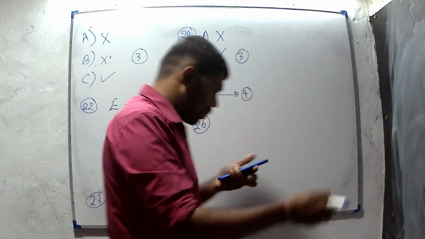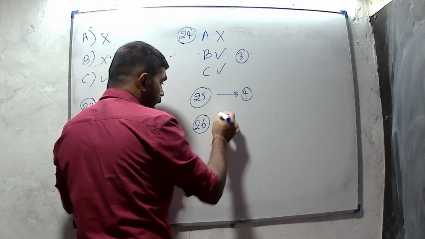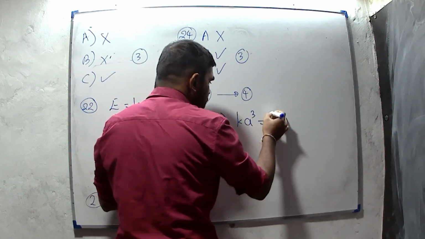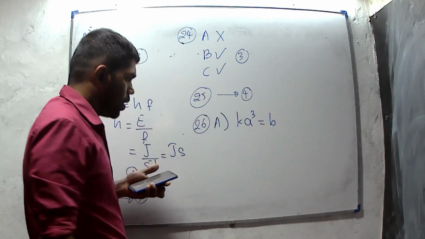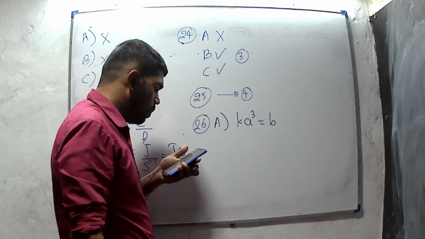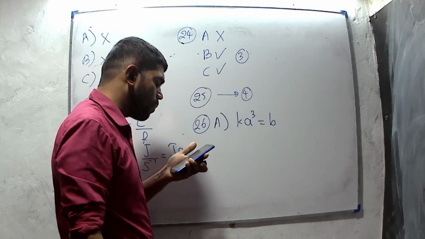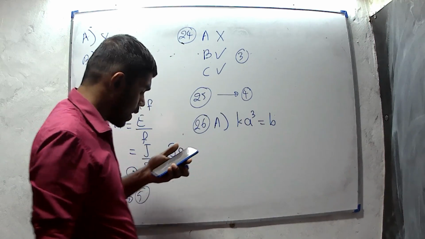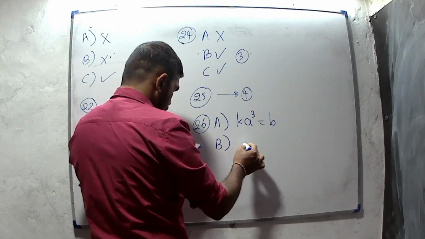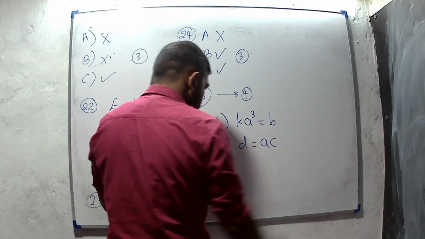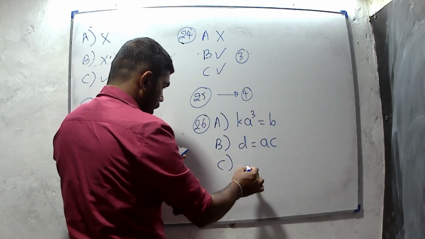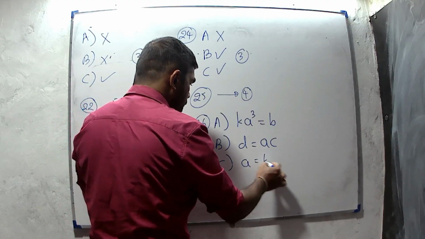Then we can consider A. In part A, K A to the power 3 equals B. Then dimensions of A cubed should be equal to dimensions of B if it is correct. And statement B is given as D equals AC. C statement is A equals KB.